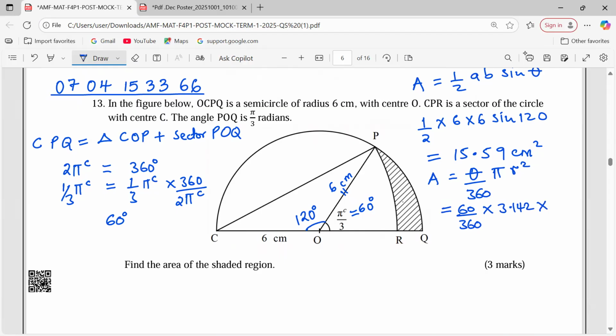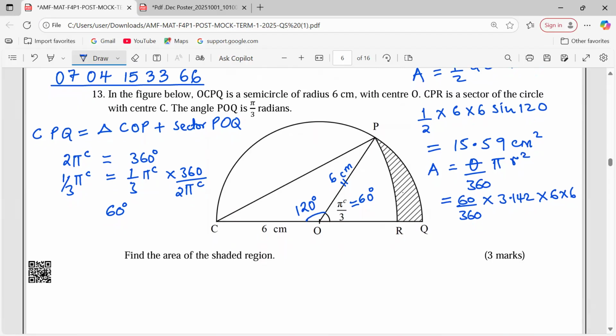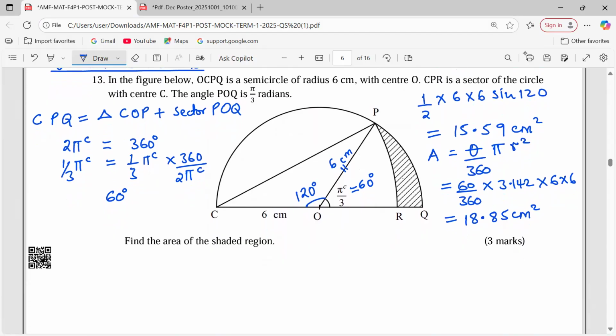Then the radius is 6 squared, 6 times 6 again. So let me work out this value: 60 over 360 multiplied by 3.142 times 36, giving us 18.85 square centimeters.